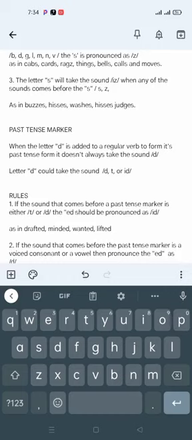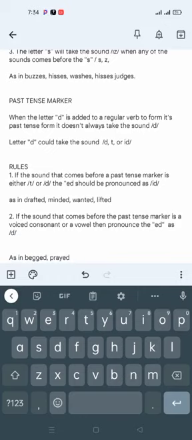So let's see how we can apply rules again to help us differentiate the different sounds that the past tense marker might take. Alright, so rule number 1: if the sound that comes before a past tense marker is either a t or a d, then the ed should be pronounced as /ɪd/. Remember we said ed is used to communicate past tense.